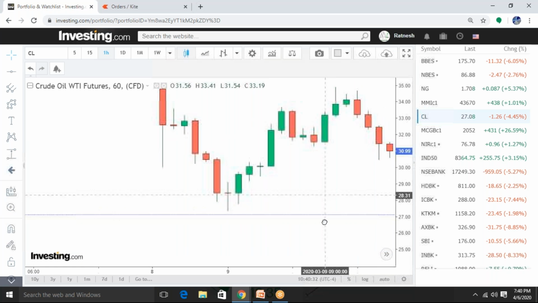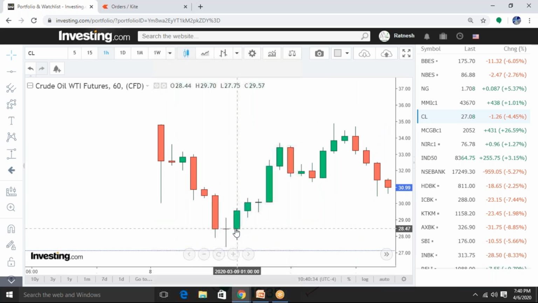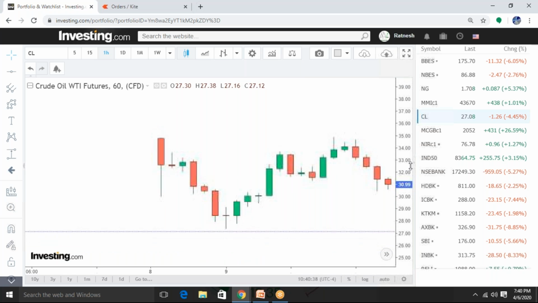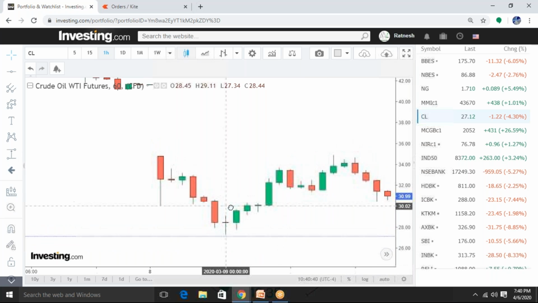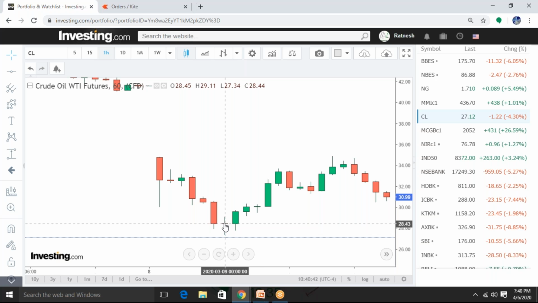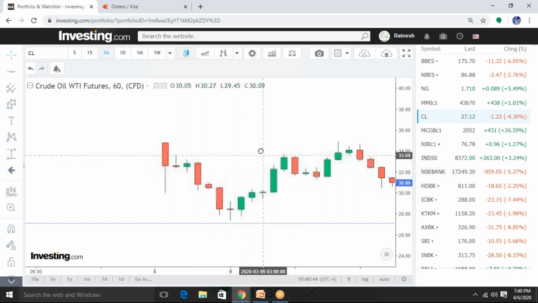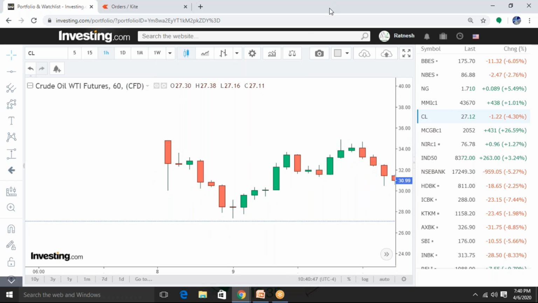And is this a morning star, sir? Almost a morning star. You can check this. Is it a morning star? Downtrend followed by gap down. Almost.